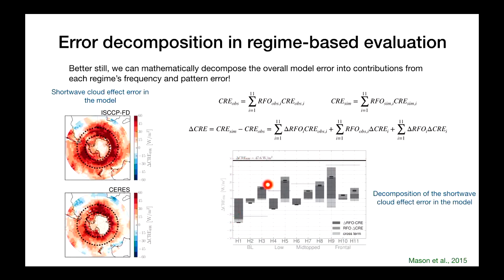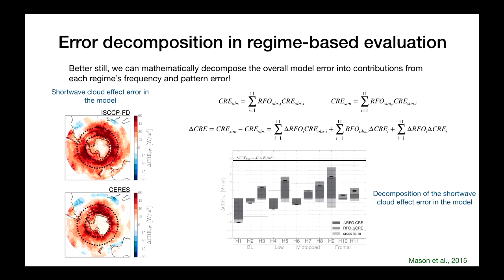And these bars tell you how much each regime contributes to this error. Okay? And then the bars have different grayscales. The dark gray is how much comes from frequency of occurrence errors. The next dark is how much comes from cloud radiative effect errors. And the cross term is the lightest one.